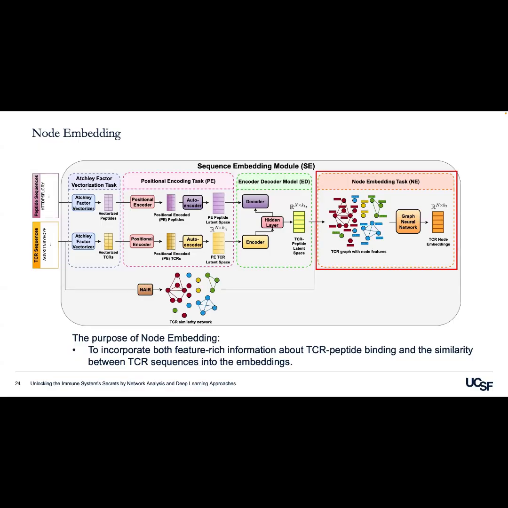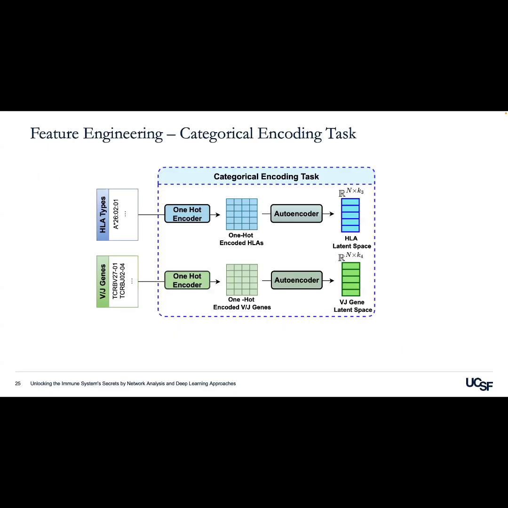By doing this, we try to capture both the topological structure of the network along with the numerical embedding of the TCR sequence information. For the categorical variables, including HLA and VJ genes, it's, I wouldn't say very simple, but straightforward. We use a one hot encoder and the autoencoder.